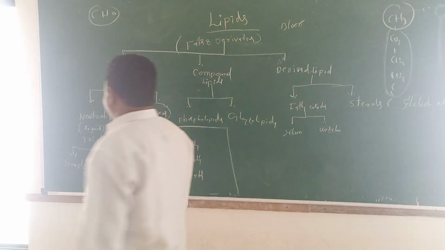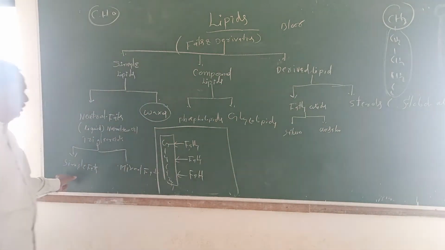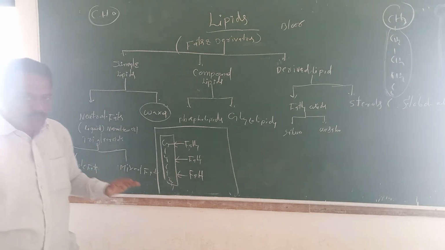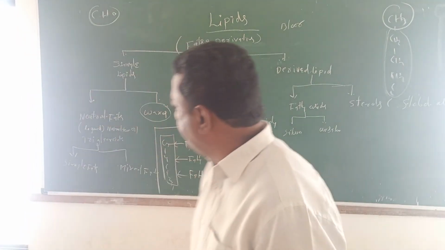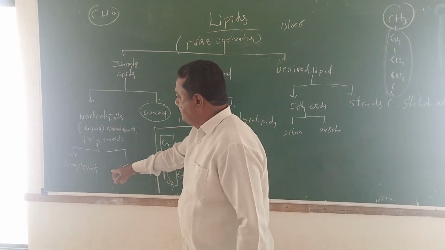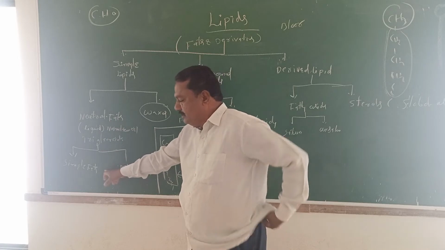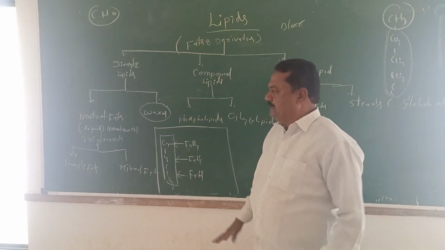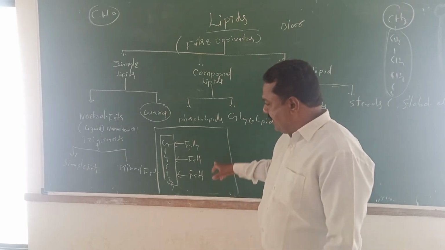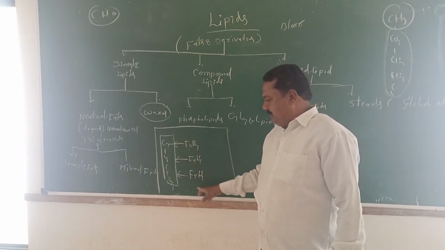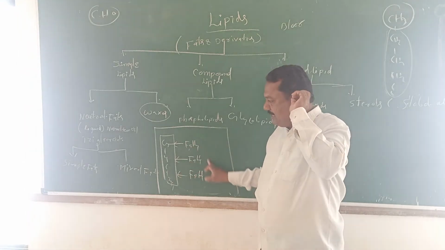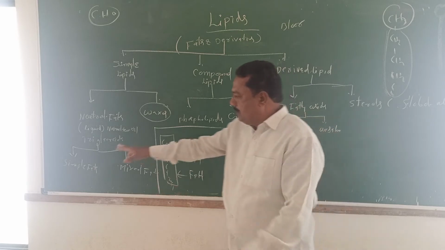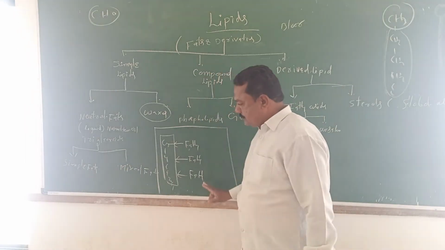Now listen here. These neutral fats are further classified into two main categories: simple fats and mixed fats. What are simple fats? In a triglyceride, three fatty acids are there. If these three fatty acids are of the same type and attached to the glycerol, they are called simple fats.